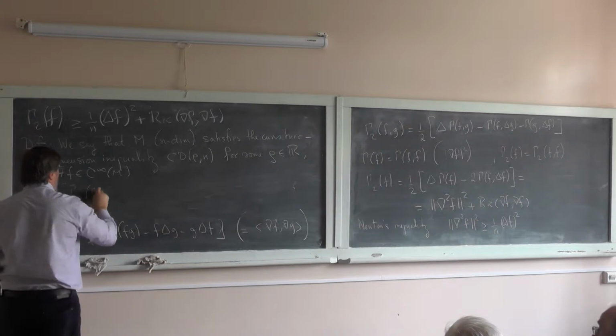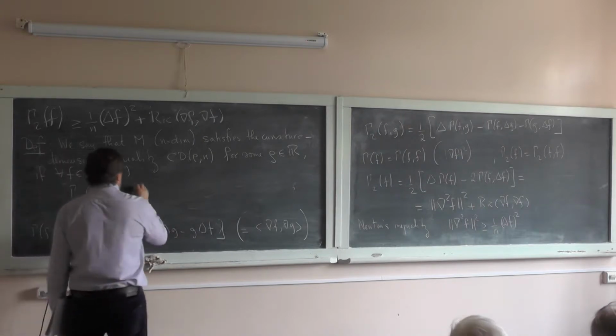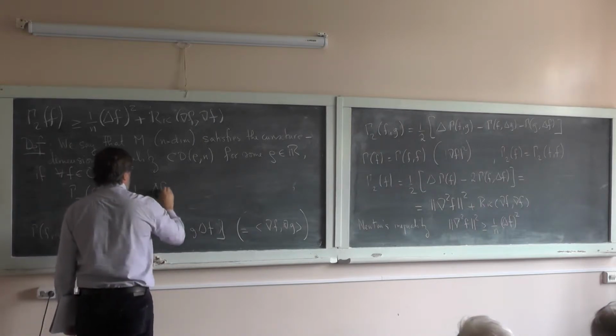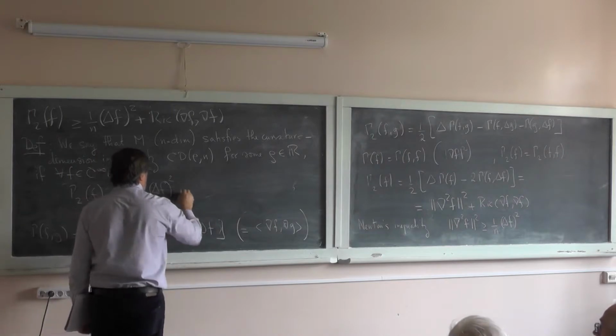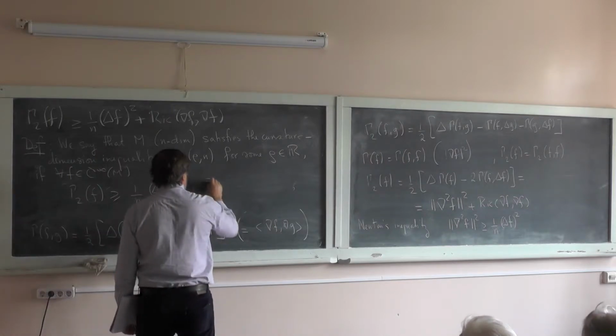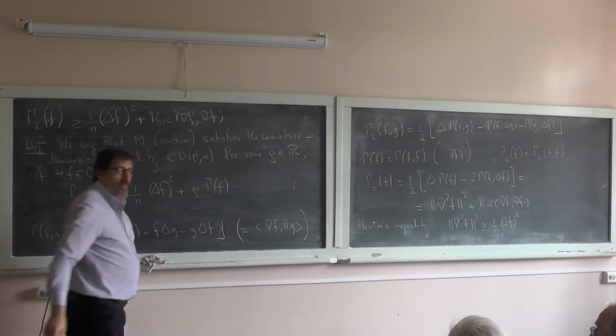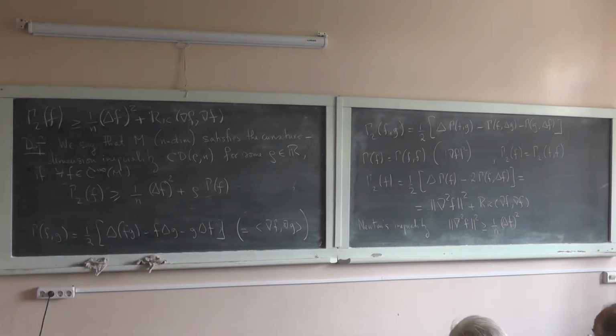Gamma 2 of f is bigger than or equal to 1 over n times the Laplacian of f squared plus rho times gamma f. Okay, so that's a definition.